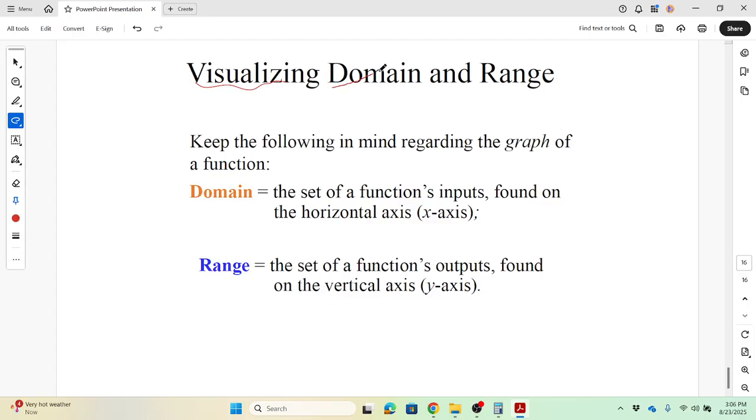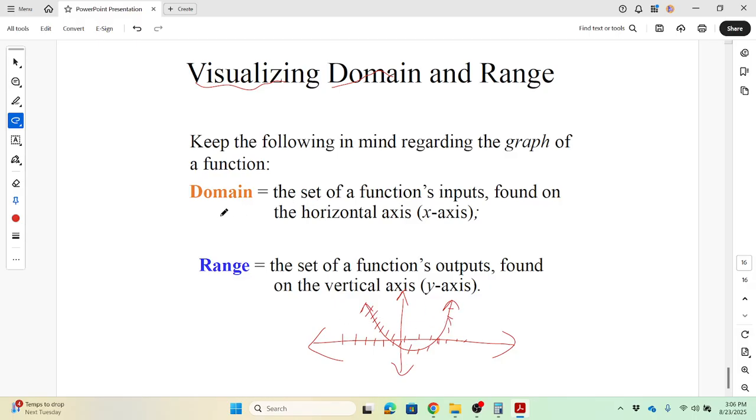so if you try to visualize the domain and range, domain means the x values. So if you have a graph, for example, let's say this is the graph you have been given. The domain means what x values you have on this graph when you go from left to right.